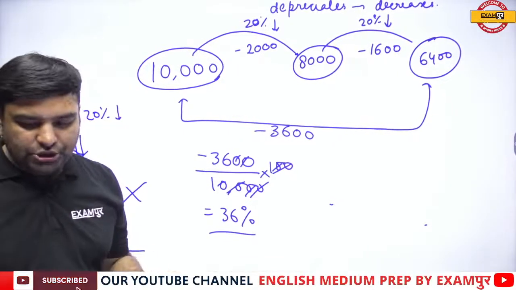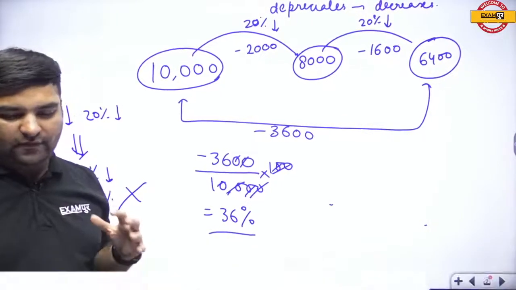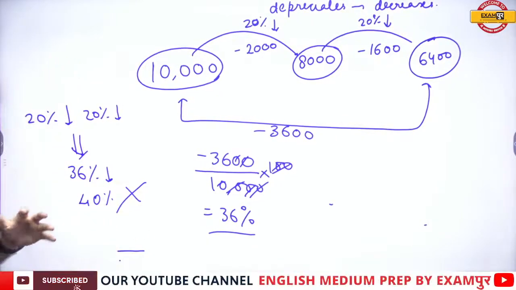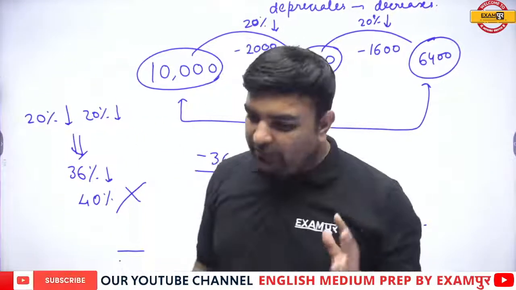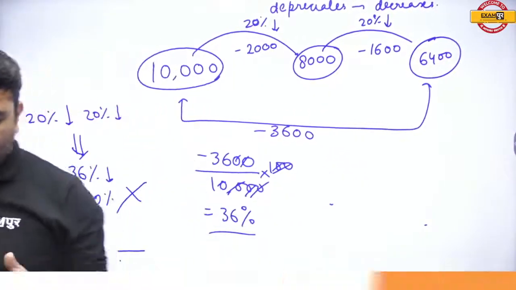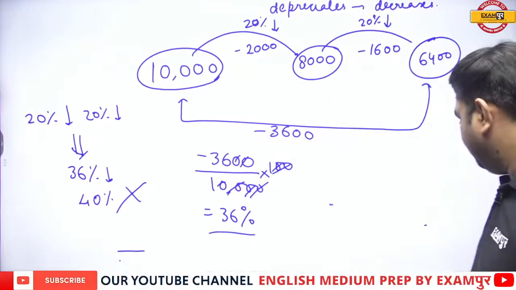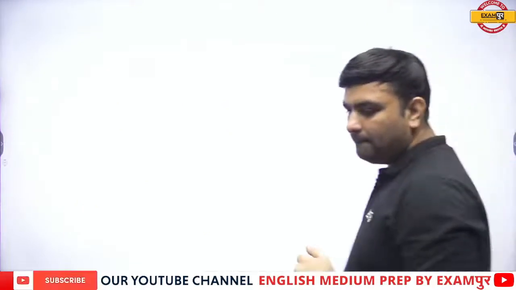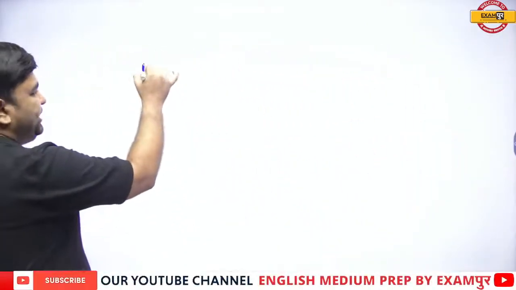So depreciation of 20% will give an effective depreciation of 36%, not 40%. So there should be some formula for it, definitely. And the formula is net change.